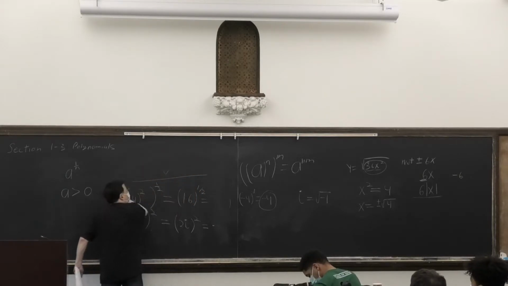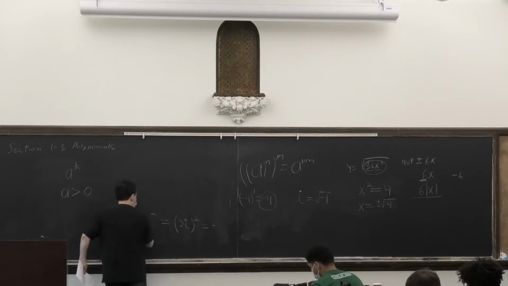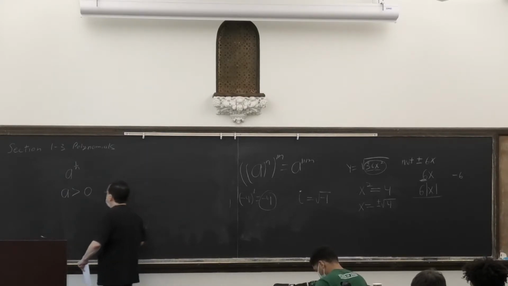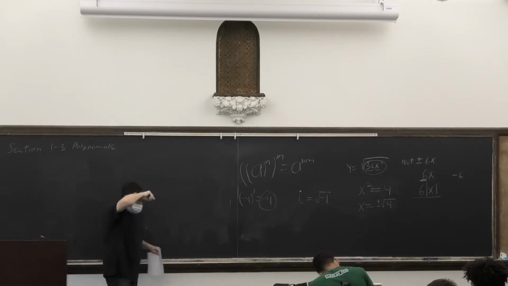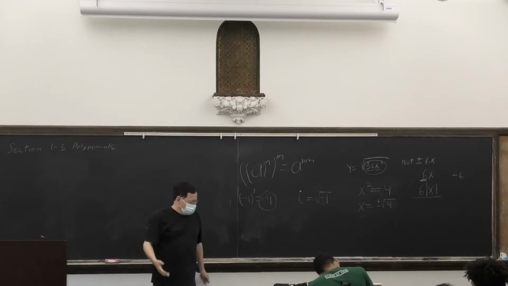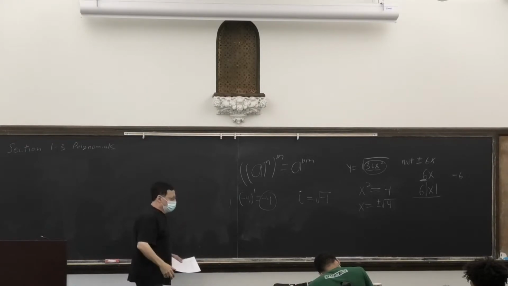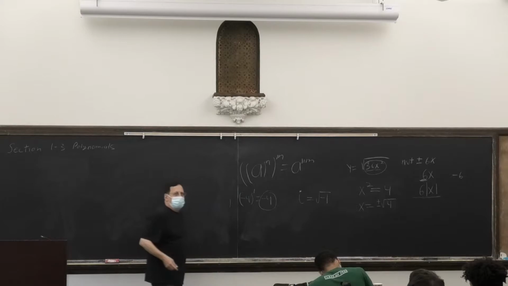So we started looking at polynomials. I'm going to quickly go over all the stuff we ran across at the end of the last class. Didn't get very far, but we're going to talk all today about polynomials.